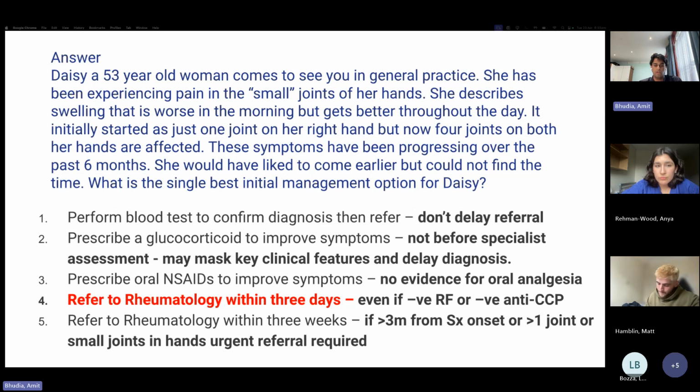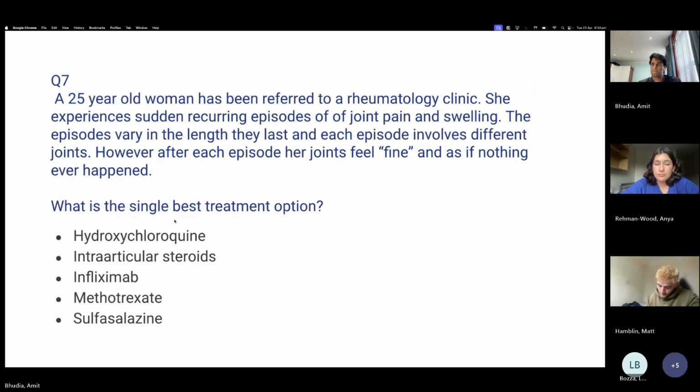You don't delay for blood tests for measuring anti-CCP or rheumatoid factor if they have small joint involvement of the hands or feet, more than one joint is affected, or if there's been a delay of 3 months or longer between the onset of symptoms and the person seeking medical advice. And then you would also offer them an NSAID in the interim until they're seen by rheumatology, just to help with their symptoms. And then next question.